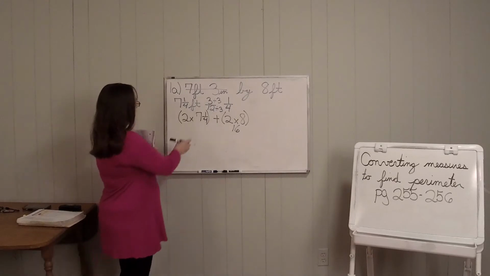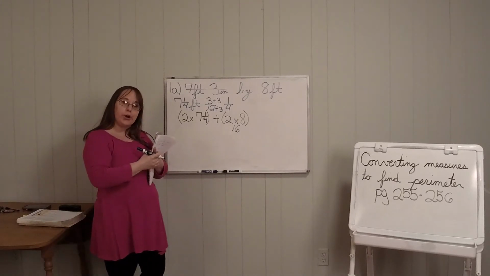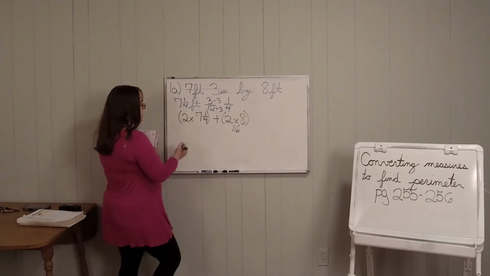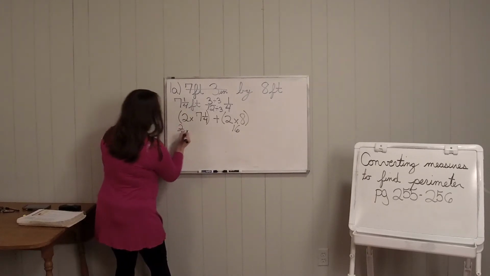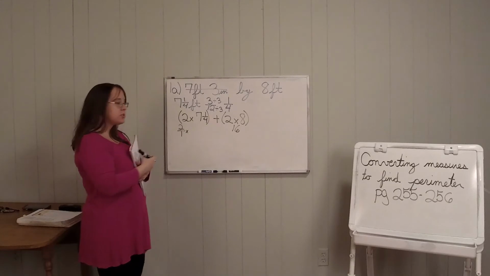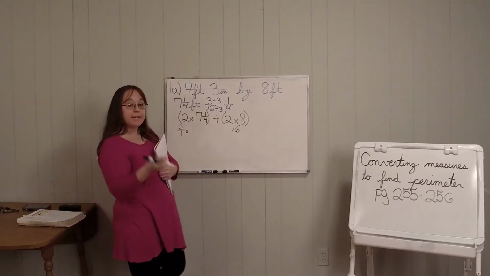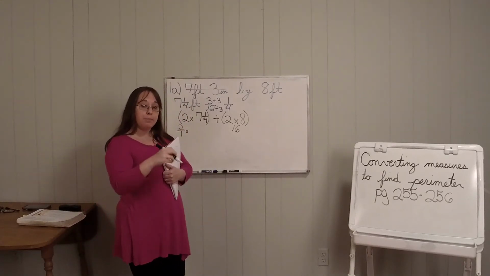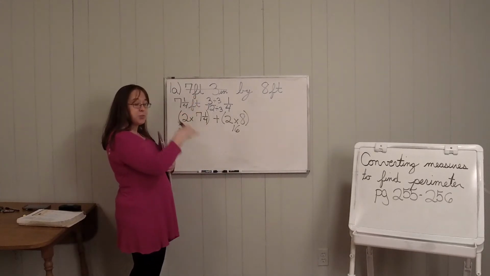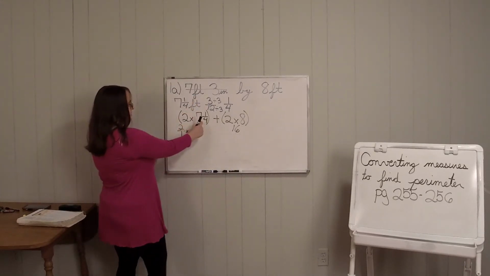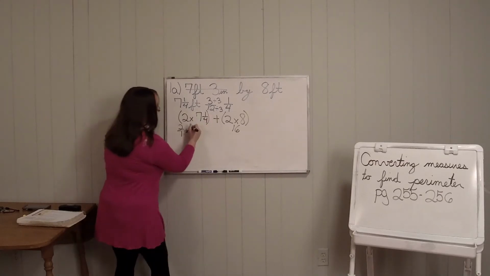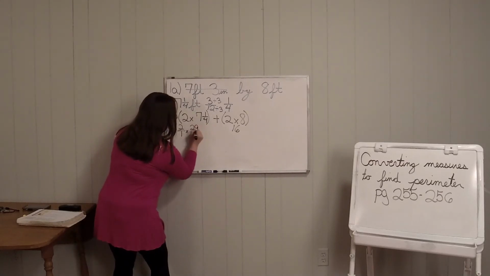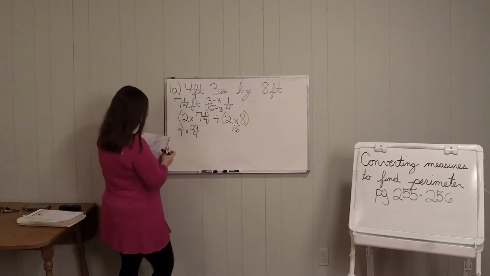Okay? Now this one we're going to have to do a little extra work, aren't we? So we have 2 over 1, because you're multiplying fractions. Change the mixed number into an improper fraction. You multiply, then add. 7 times 4 is 28, plus 1 more is 29 over 4.